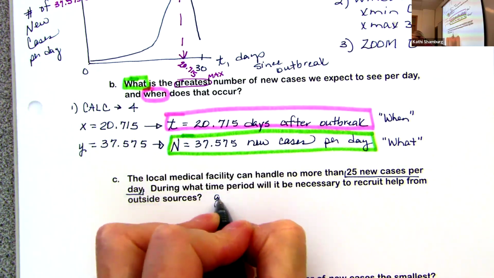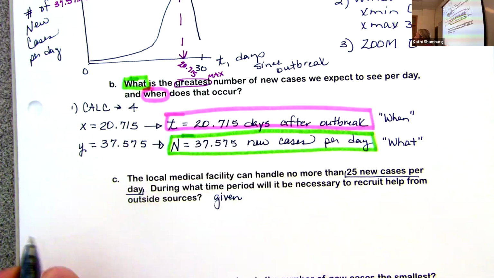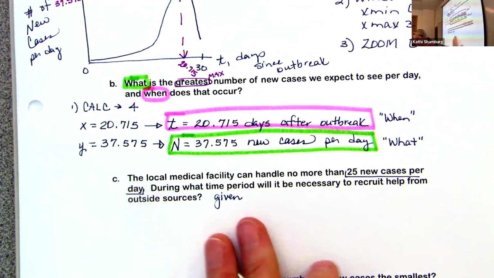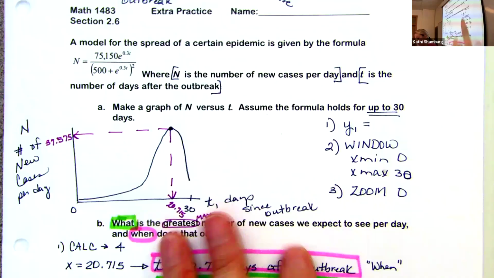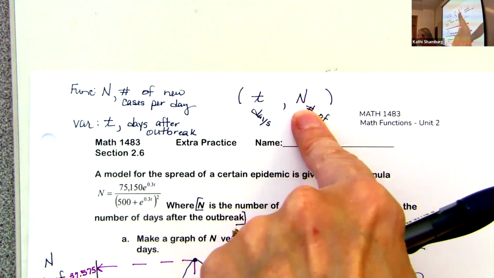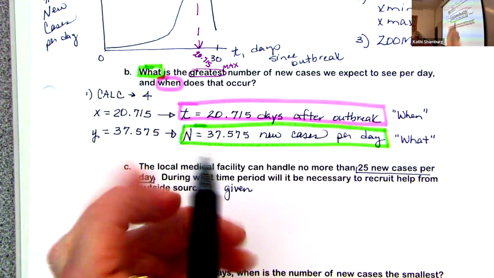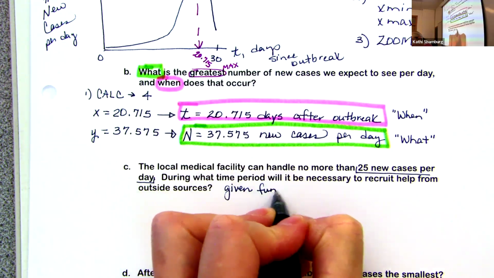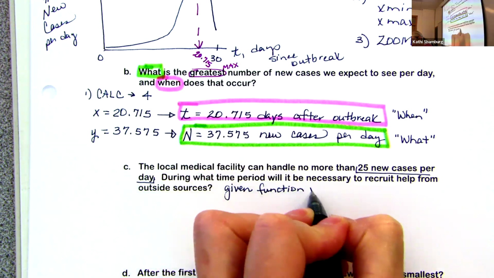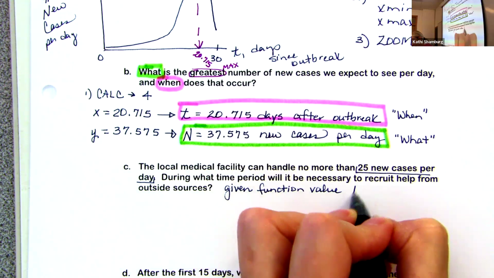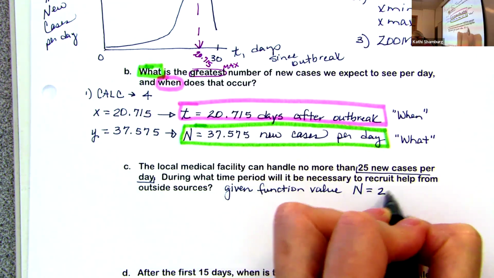So what was given, variable or function? New cases is function. So they gave us a function value, N equals 25.